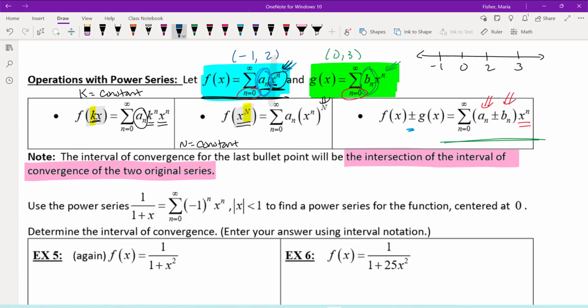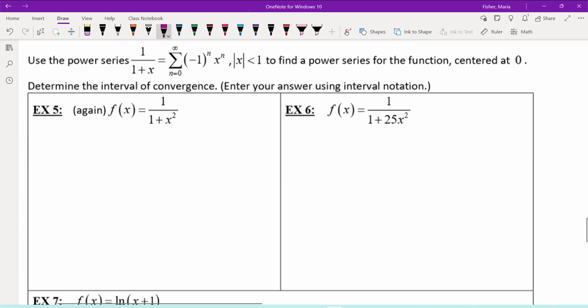If the first one had an interval of convergence from negative 1 to 2, so it was all those numbers, and the second one had the interval of convergence from 0 to 3, so it was all these numbers, the intersection is going to be what they have in common. So the interval of convergence of the new series when you're adding or subtracting them, in this random example I just made up, would be from 0 to 2, because that's their intersection, that's what they have in common.